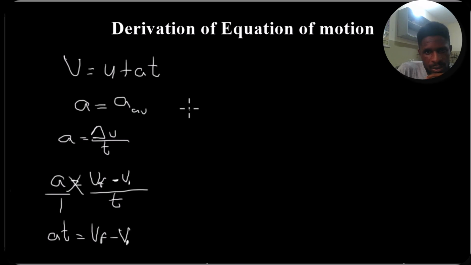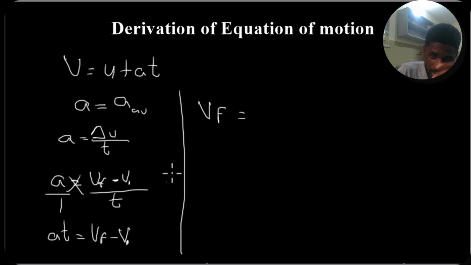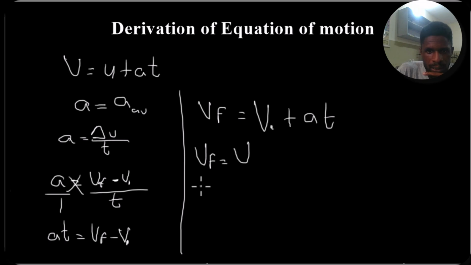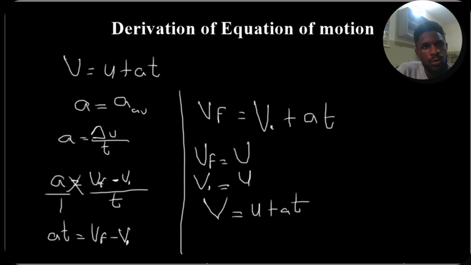Alright, making V final the subject formula, we have V final is equal to, so we take minus V initial to the other side, V initial plus at. So then V final should be equal to v, and V initial should be equal to u. And finally, we've arrived at our first equation of motion, which is v is equal to u plus at.